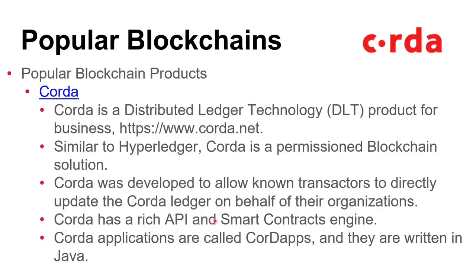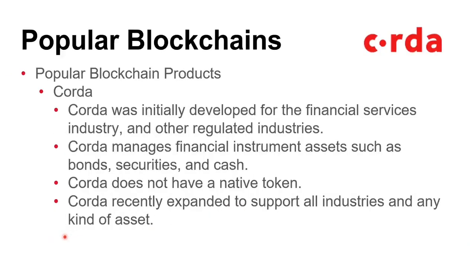Corda has a rich API and smart contract engine. It's fully built on the Java virtual machine. Corda applications are called Corda apps, and they are written in Java. Corda was initially developed for the financial services industry or other regulated industries, though since that time Corda has added other industries.